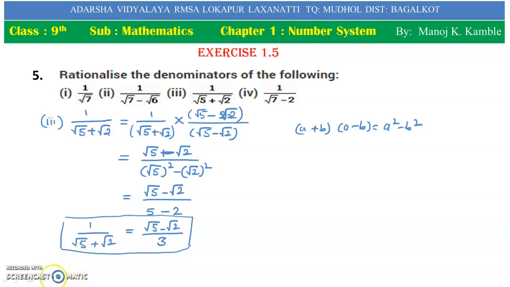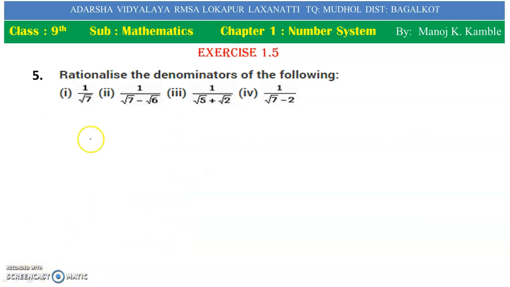And next, Roman 4. One divided by square root of 7 minus 2. Here once again a binomial term is present, with a minus sign in between, but in multiplication we write both in numerator and denominator the opposite sign, that is the plus.